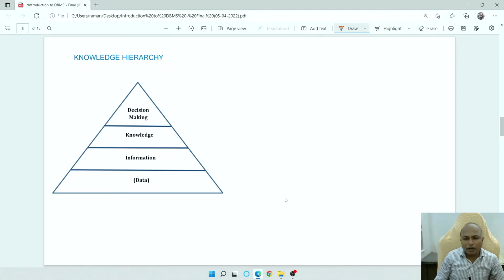This data is nothing but raw facts. No doubt, data is not useful in the raw form, but it is useful to extract information, thereby knowledge, thereby we can take a decision for improving any business.